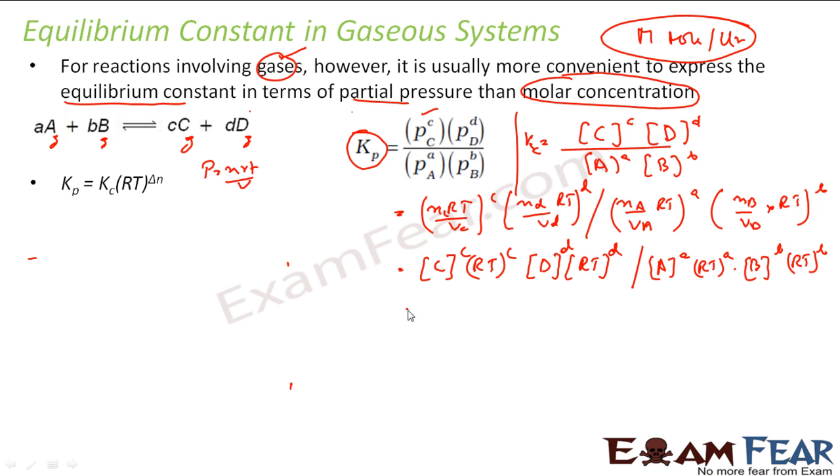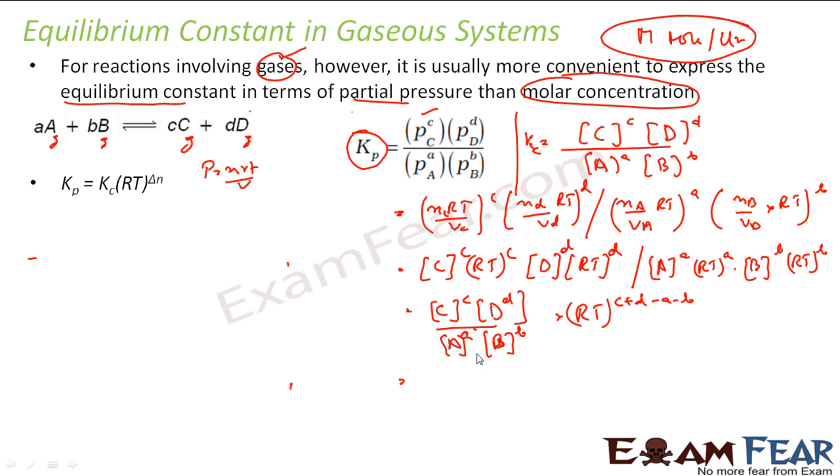So if you see this, if you take this factor now, it will be C to the power c, D to the power d, A to the power a, B to the power b, into RT. If you take the constant, it will become c plus d minus a minus b, correct?